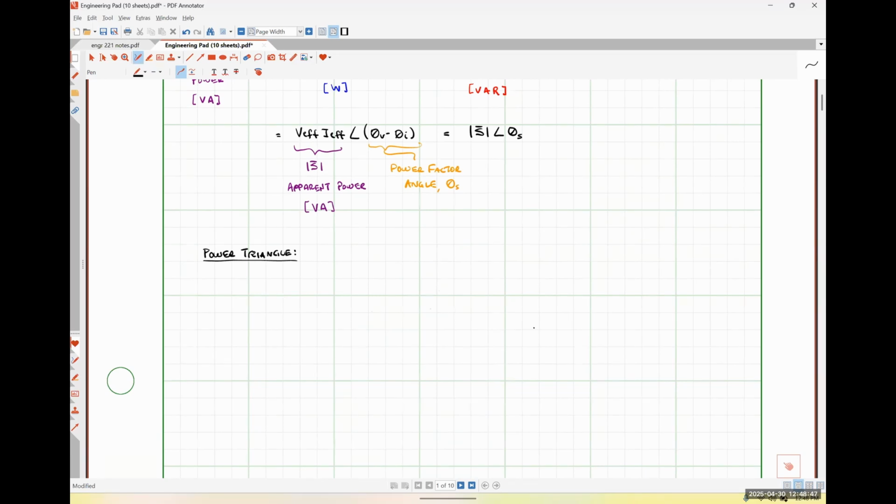So realistically, we're going to see two different types of power triangles in this class, and we'll kind of talk our way through them, but the steps are essentially the same. So let's start with an inductive load.